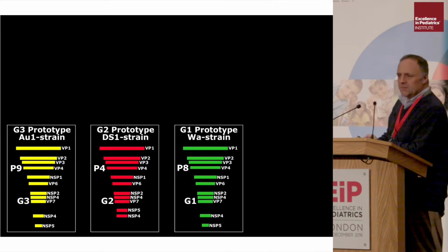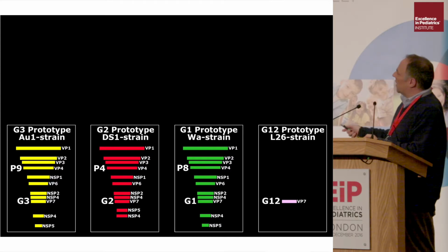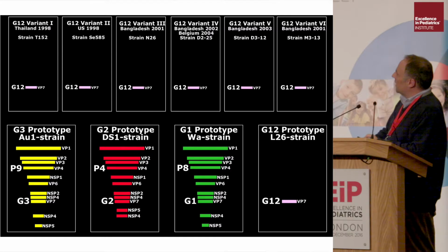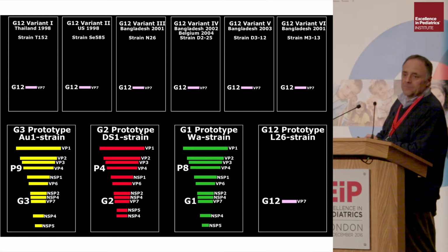If you look at prototype strains, which we sequence completely with next-generation sequencing, you have G1 here, or the G1 universe in green, G2 with the DS1 strain in red, and G3 here in yellow. The G12 prototype strain was also known. We sequenced it completely, and we sequenced many other G12s, and you would think, well, they're all the same.